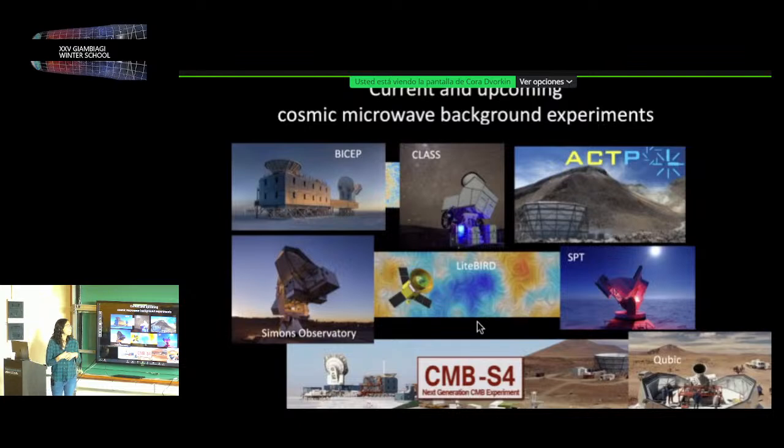There are a plethora of experiments coming up in the next decade that will measure, for example, the CMB with high sensitivity and resolution. We have, well, coming up or existing, okay? And this is just a subset of the experiments. I wanted to mention CUBIC, which is happening in Salta, the province of this country.